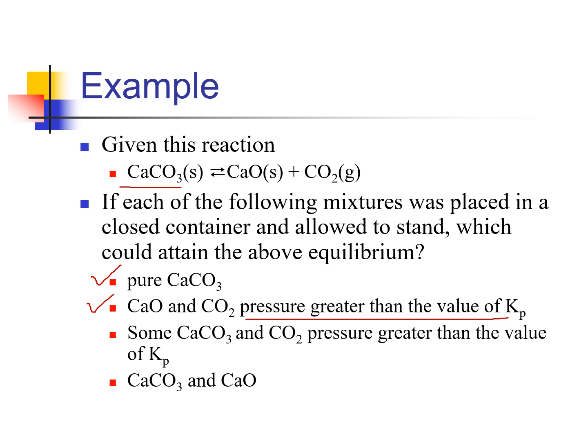So yes, absolutely, we can reach equilibrium. Now we look at the third one. We have some CaCO3 and CO2 whose pressure is greater than the K sub P. So like the last one, that tells us that the CO2 is too much. It wants to react with the calcium oxide.